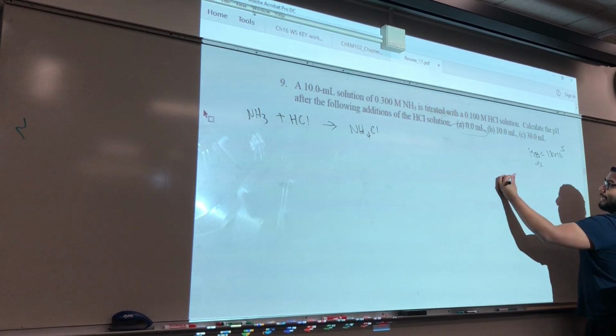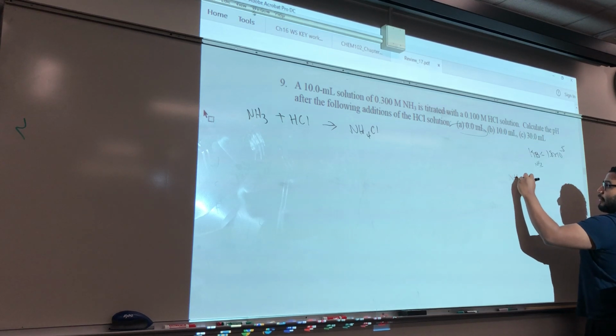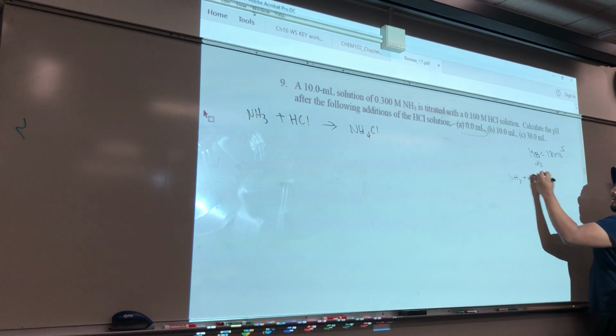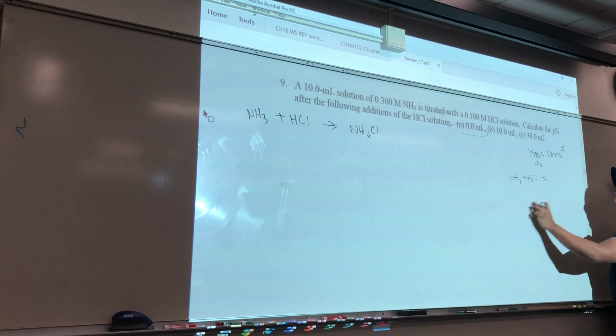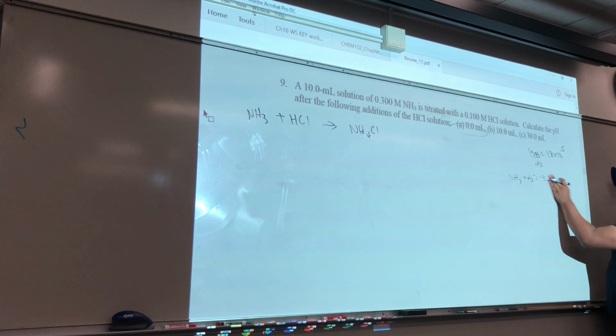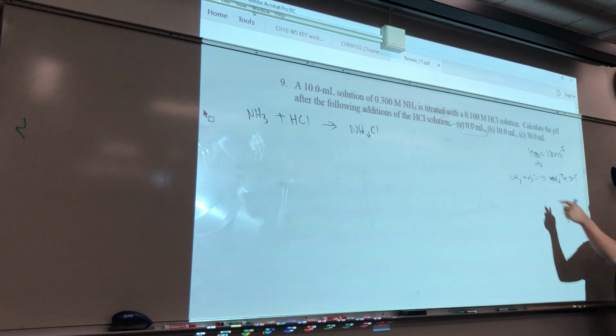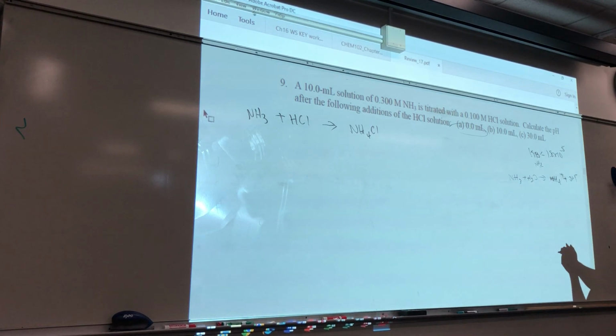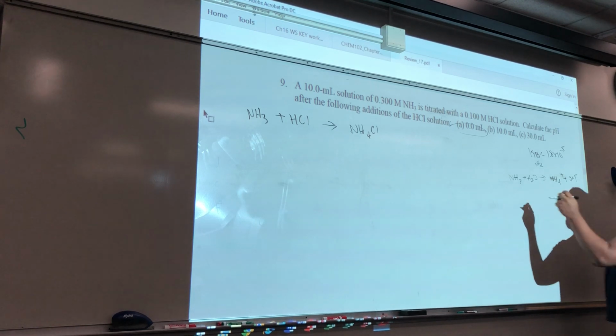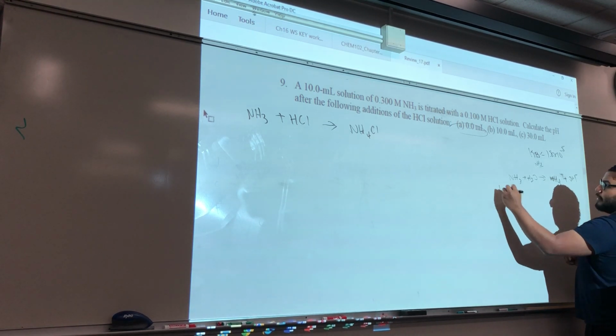So we have NH3, we add it with some water, and it receives the hydrogen, so we have NH4 plus and an OH minus that it produces. So we do an ice table. Do we have the molarity? Yes, it's 0.3.